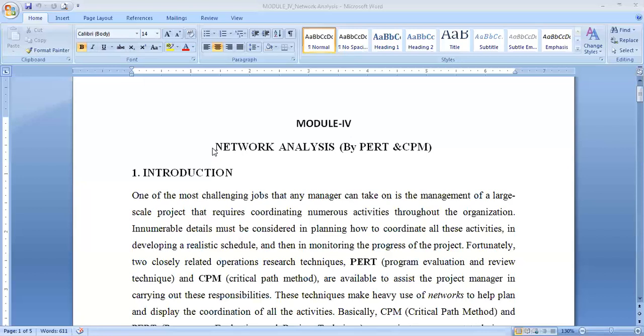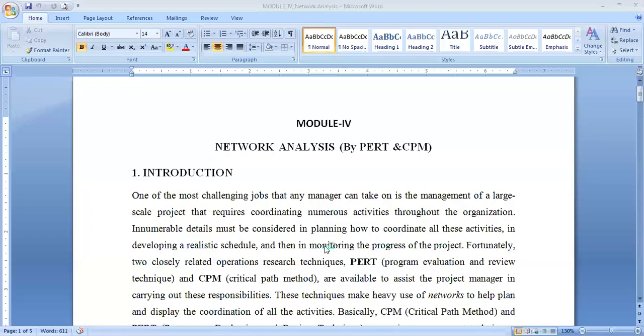But in production, all are already readily coordinated, readily organized in the system. The only thing required is following up the process of converting raw material into the finished product. But here everything should be done from scratch. So that is why project management is considered to be one of the most challenging jobs for the management.